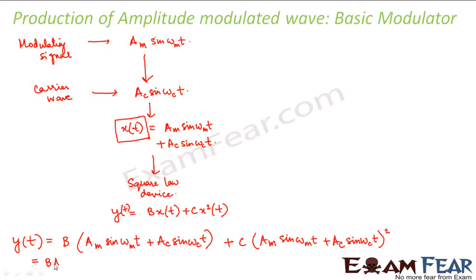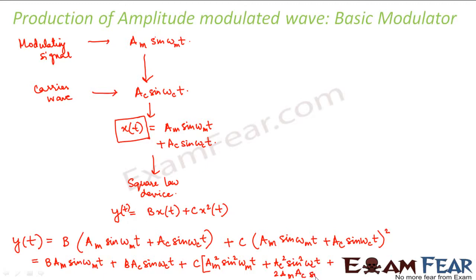We get b Am sine omega m t plus b Ac sine omega c t plus c into (a plus b) whole square, which we can write as a square plus b square plus 2ab, that is 2 Am Ac sine omega m t sine omega c t.